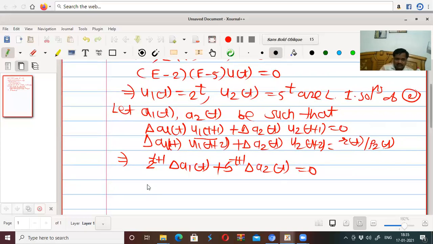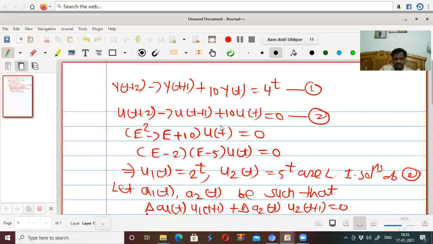Second, u1t plus 2: 2 to the power t plus 2 into delta a1t plus 5 to the power t plus 2 into delta a2t equal to RT upon P2T. What is RT? Right hand side, that is 4 to the power t. What is P2T? P2T is the coefficient of y of t plus 2.